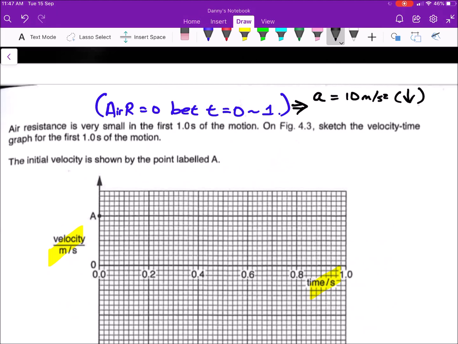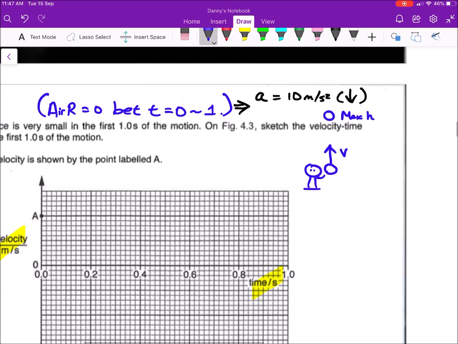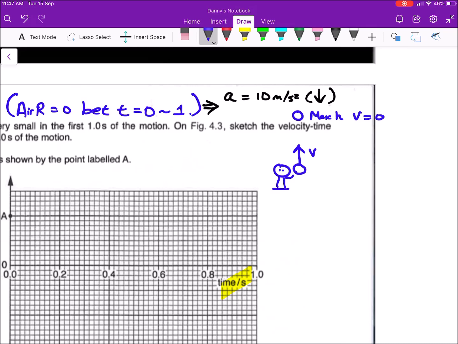So we know that your velocity is rising, right? Is it rising? No. Think about it. You have a person throwing the ball up, right? When you throw the ball up, it will be thrown with very high speed. Then when it reaches the maximum height, your velocity will be 0.